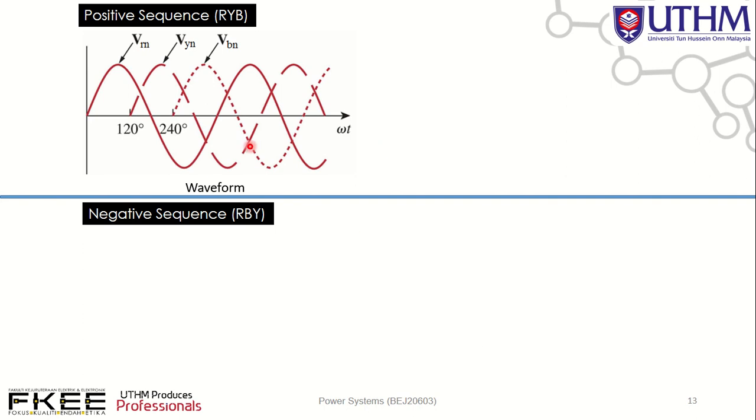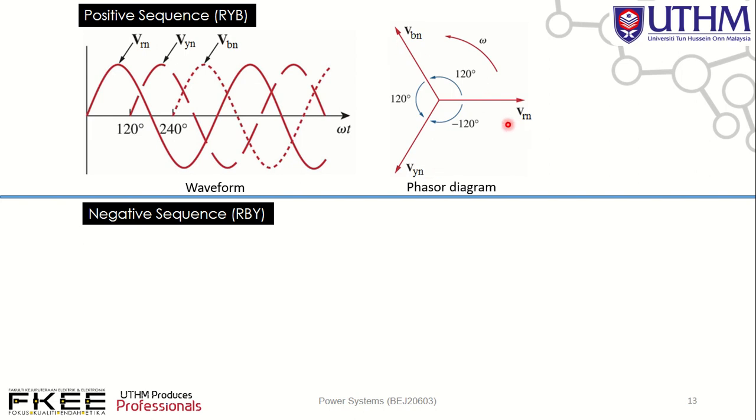This is a positive sequence, RYB. In the phasor diagram, VRN followed by VYN, then followed by VBN. We call it the RYB sequence.